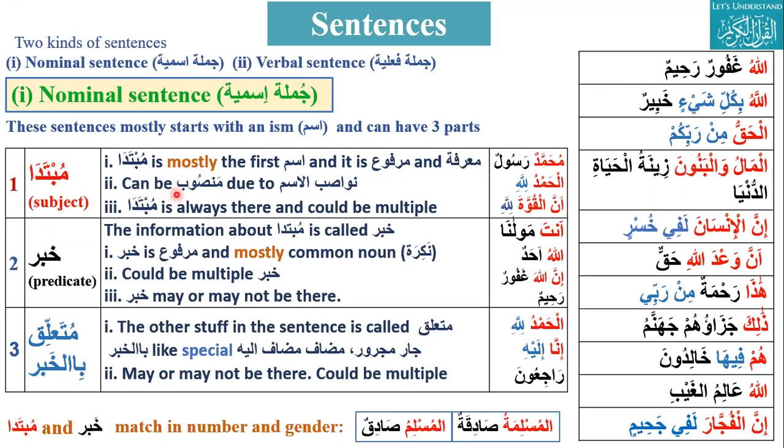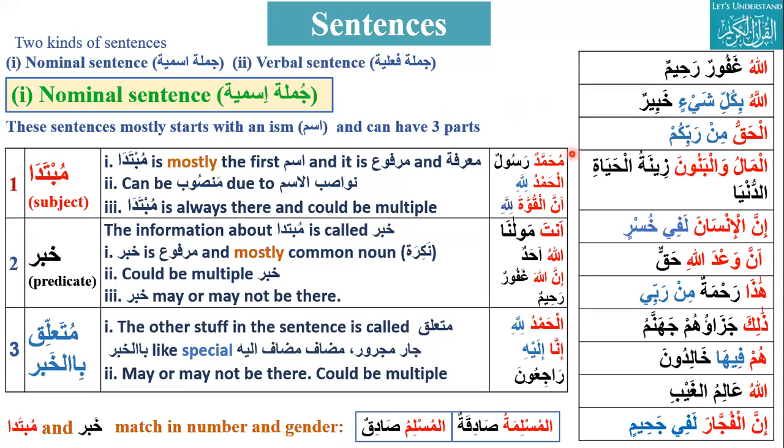And mubtada can be mansoob due to nawasibul ism, like inna, anna, ka anna, laita, la, lakinna. Those nawasibul ism make the mubtada mansoob. Mubtada should also always be there in a sentence.